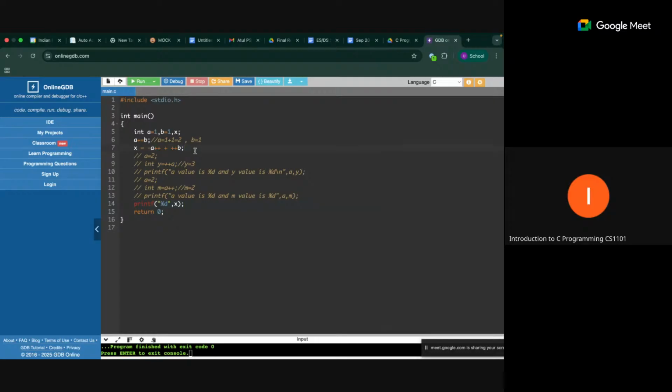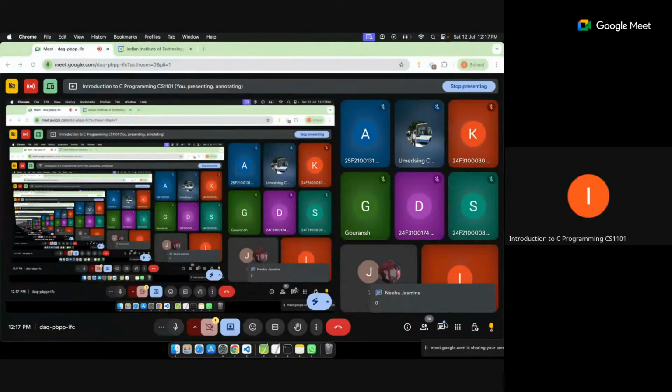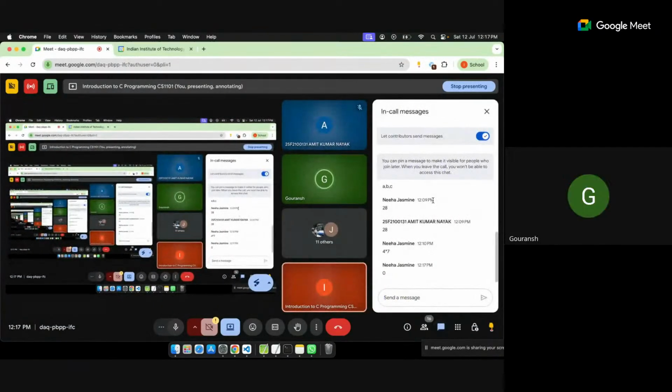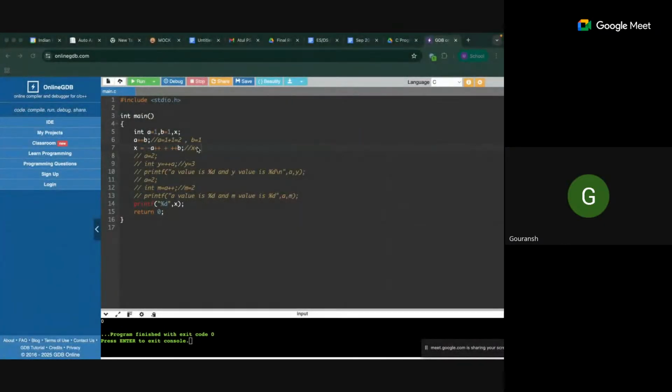Okay. So generally, what will happen here? X is equal to what is the first value it will store? 0. Yeah. How is it zero? Because the value of a would be 2, and because we are given minus a plus plus, that is a pre increment, because of which the value of a would remain 2, and the post increment is given with b, so the value of b would be 2, and minus 2 plus 2 is equal to 0.